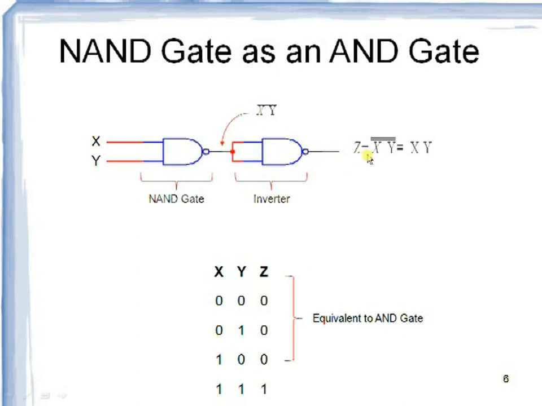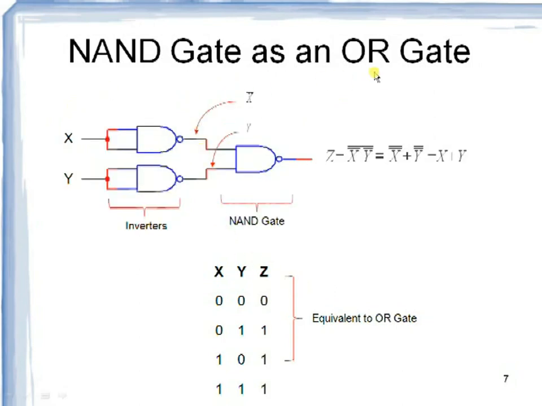Therefore the output expression becomes ((XY) whole bar) whole bar, which is nothing but XY. This expression as well as the truth table resembles the AND gate, therefore this is the symbol used for representing the AND gate by using a NAND gate.